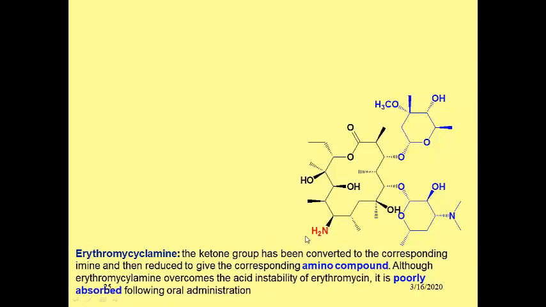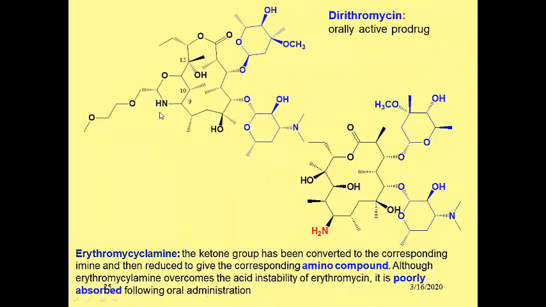To overcome this, the amino group is masked in a ring structure as dirithromycin. Dirithromycin is an orally active prodrug. By metabolism, it releases erythromycylamine.